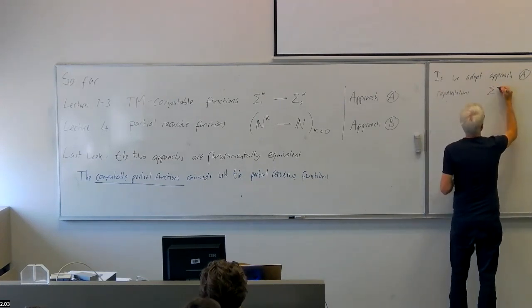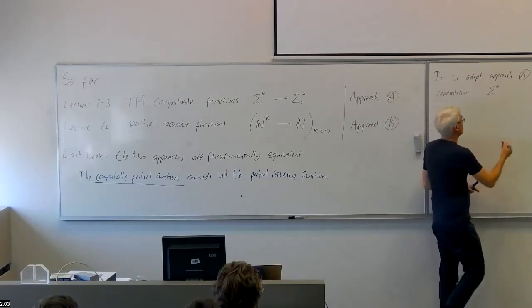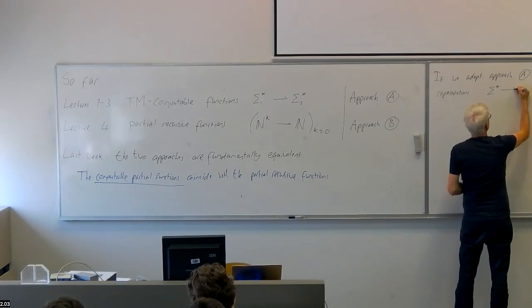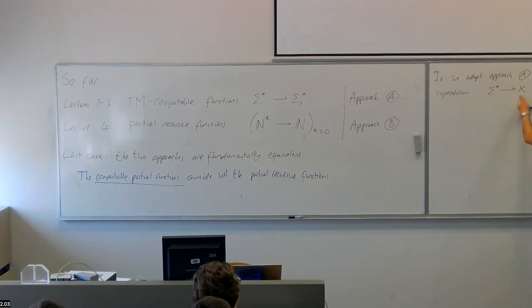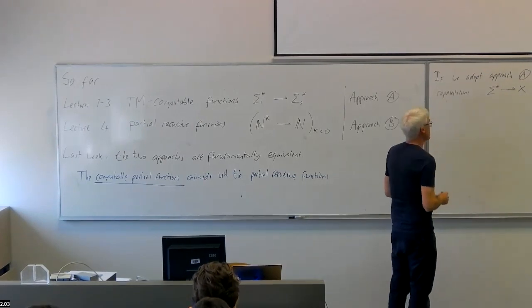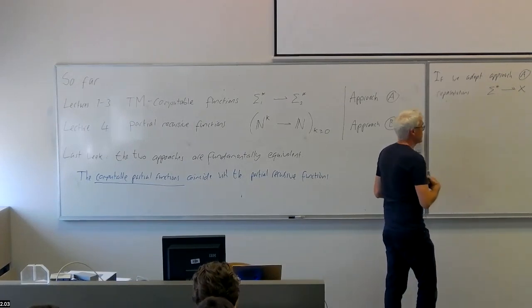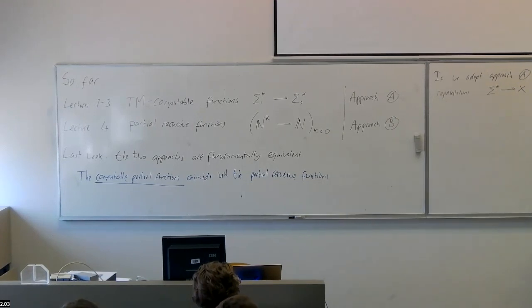The representation took us from a partial function going from words over an alphabet onto a set X, which is the set of represented entities. And then we can talk about what it means for a function or a partial function from a represented set X to a represented set Y to be computable, what it means for a subset to be decidable, this sort of thing, using the notions of representation. So this is all in lecture 3.